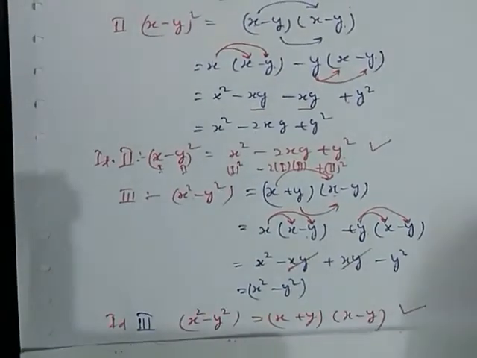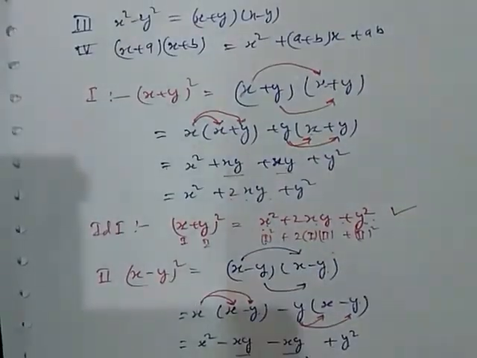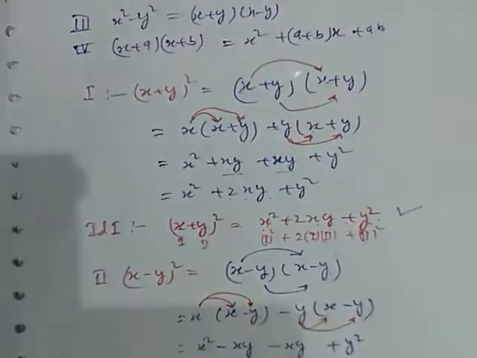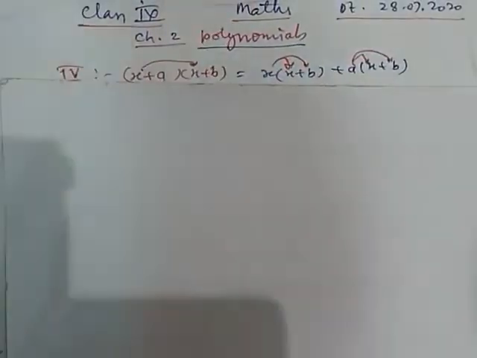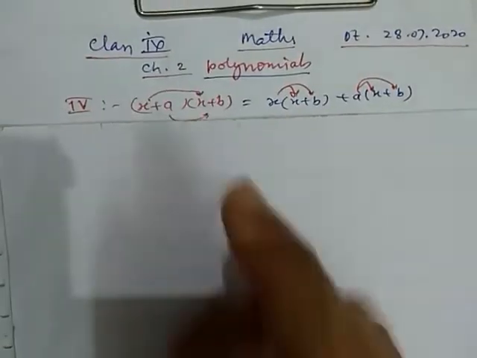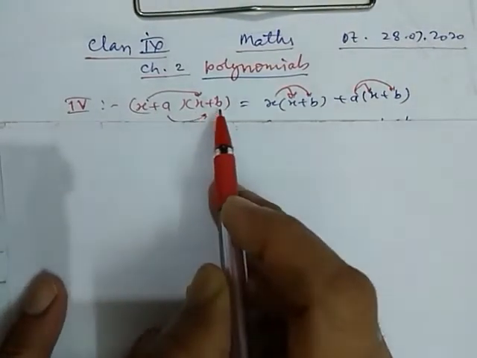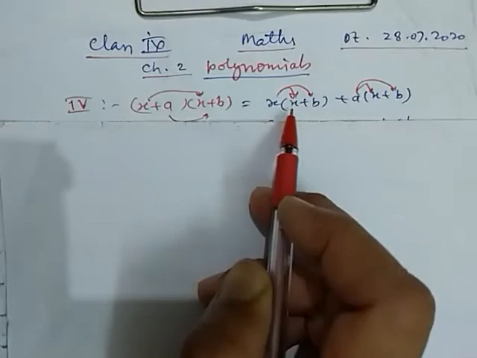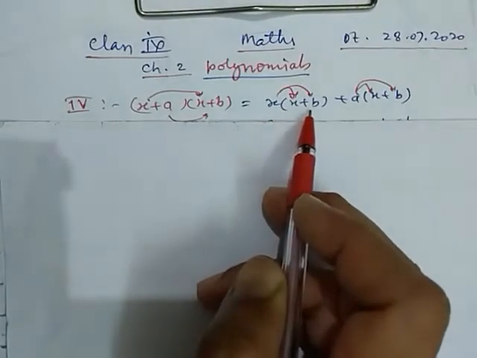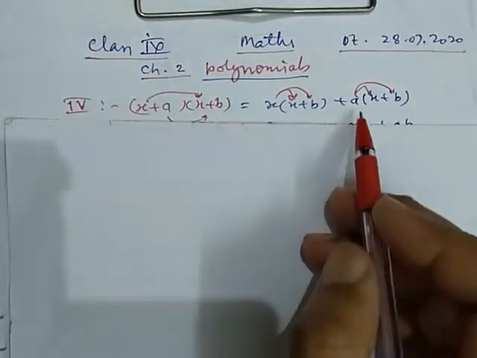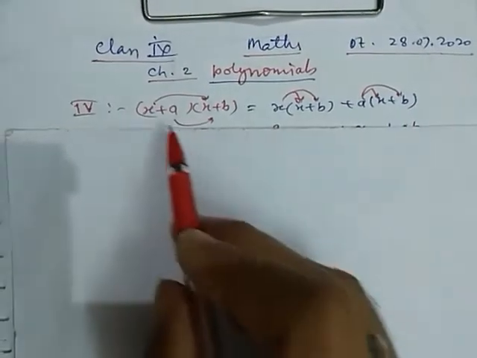Okay, now we take another identity. Identity 4: (x plus a) into (x plus b) is x into (x plus b) plus a into (x plus b). Why?